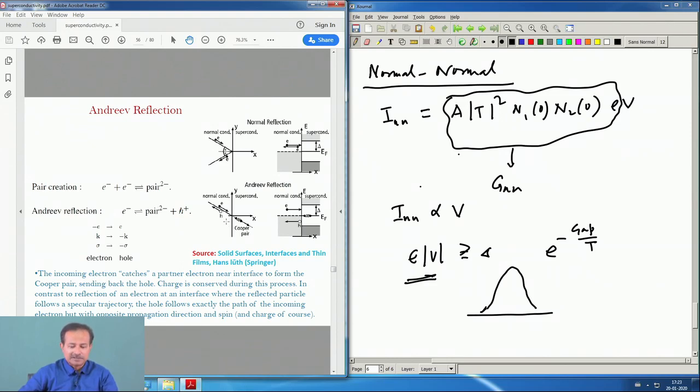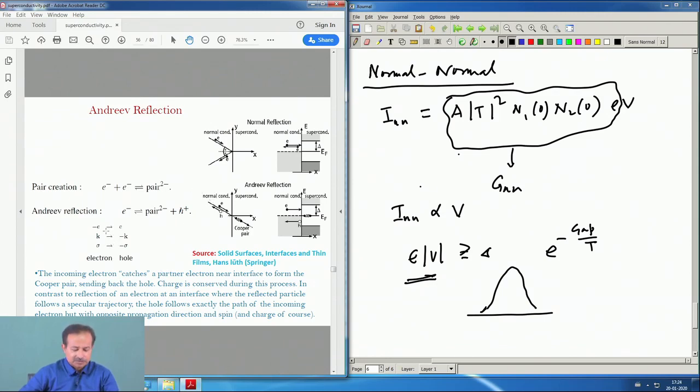The thing that is different here from the above picture is that not only does the hole go back, it goes back exactly in the same direction and path, to conserve the energy, momentum, everything, and of course the charge. So it just retraces the path that the electron came through.